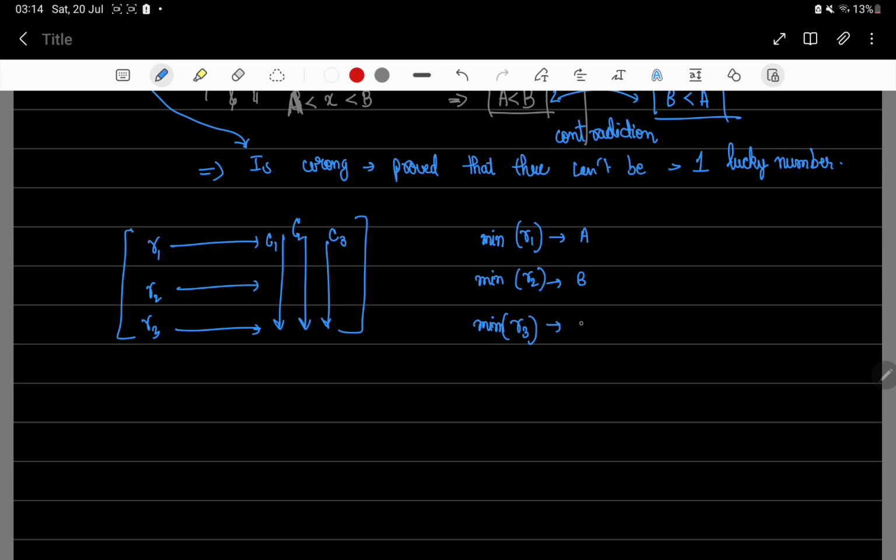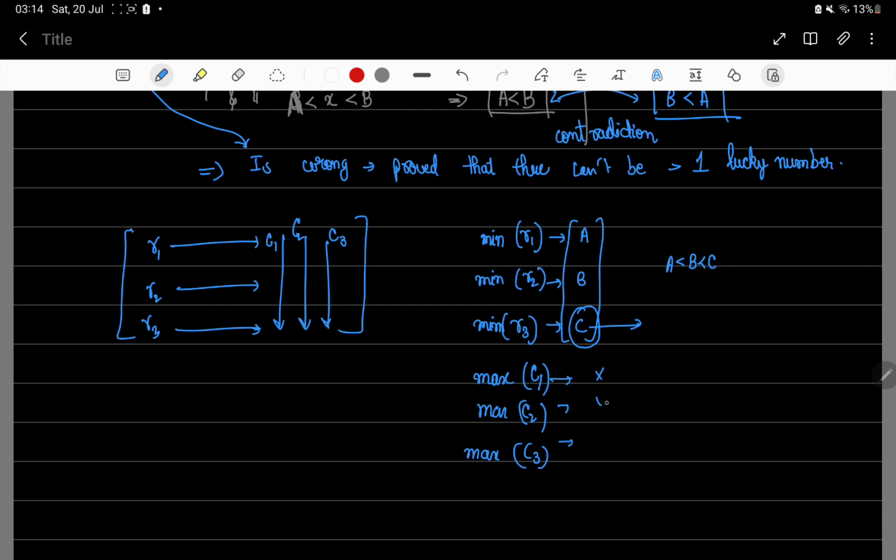Suppose it was A, B and C. Now they took the maximum of it. Suppose A is less than B is less than C, just taking a case. So they took C out of this. Now they considered maximum of C1, maximum of C2 and maximum of C3. Let us say it was X, Y and Z. They took the minimum, and let us say X is less than Y is less than Z over here.